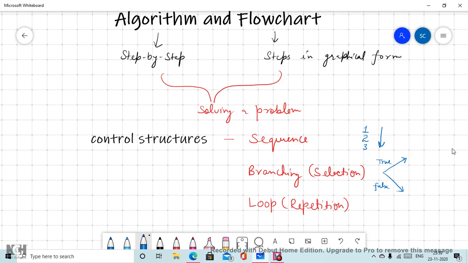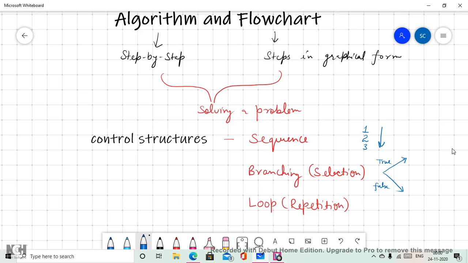The loop or repetition allows a statement or statements to be executed repeatedly based on certain loop conditions. So generally it is used with while or for loops, right?